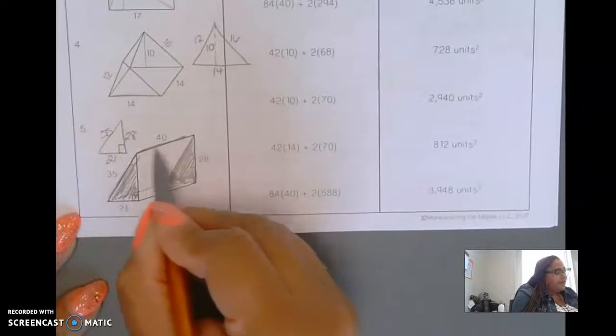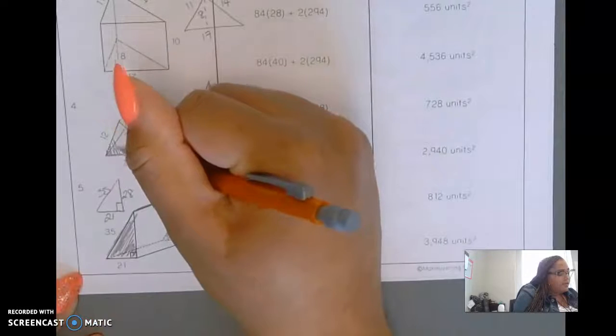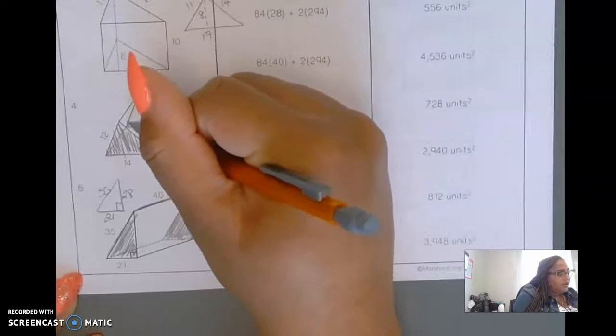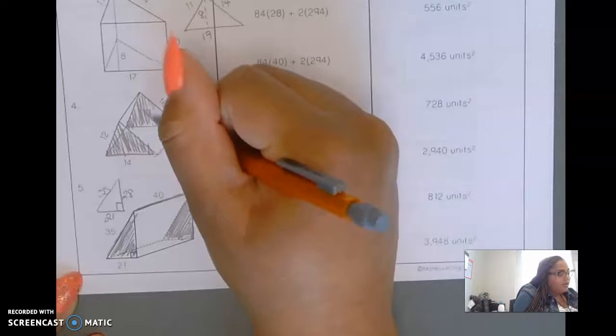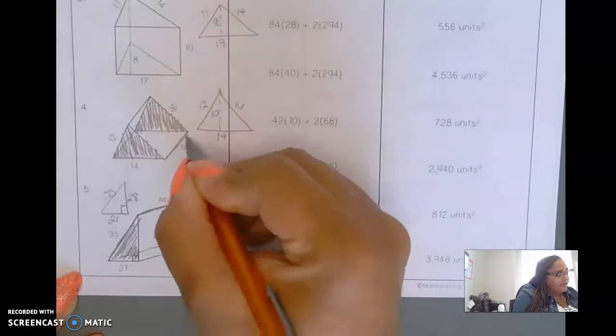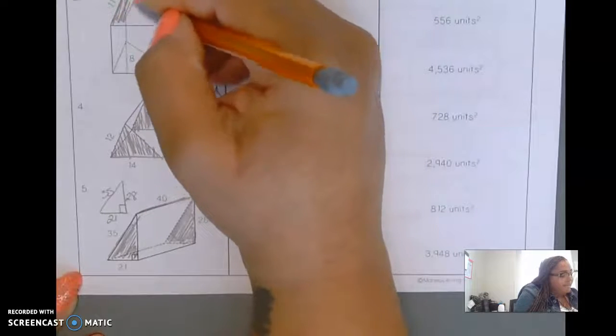Be mindful that the height is what connects the bases. Shade this in. This whole triangle here needs to be colored in. And shade this in. The height of the prism connects the bases. Shade this in.